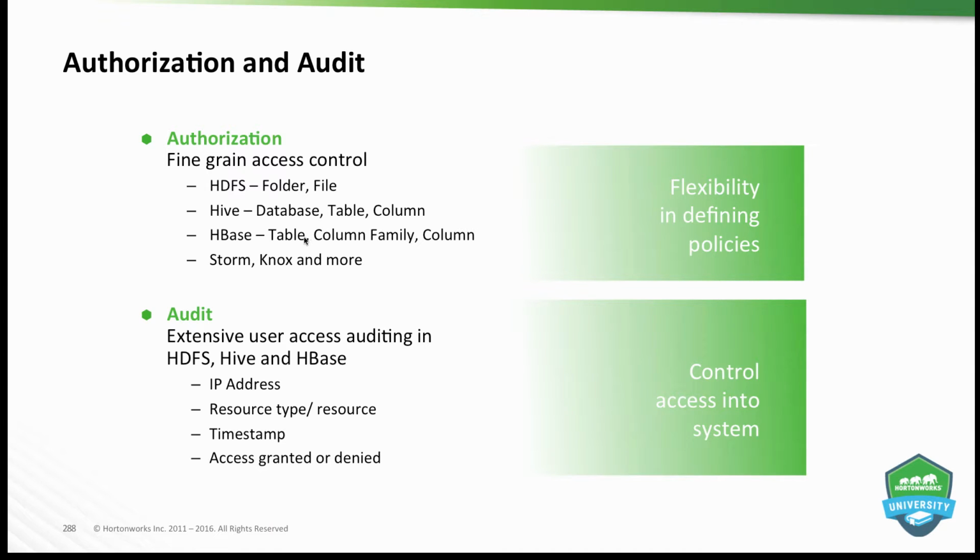HBase is thinking about tables, and yeah, Hive has tables, but HBase has column families, which is a concept that doesn't exist in Hive. HBase has some more advanced things such as labels and beyond. HDFS itself is thinking about files and folders.